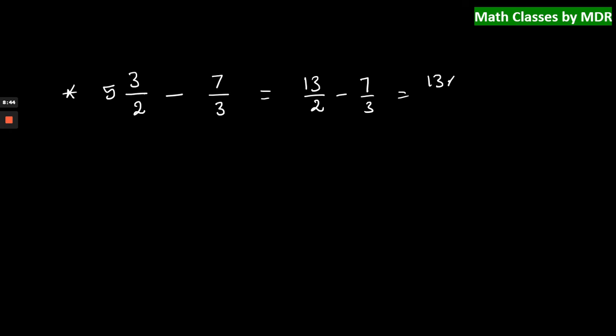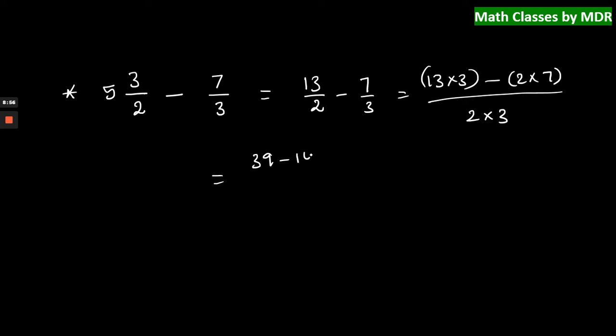So 13 into 3 minus 2 into 7, whole divided by 2 into 3. So 13 into 3 is 39 minus 14 by 6. 39 minus 14 is 25, 25 by 6. It can be written as a mixed fraction, that is 4 1 by 6. I hope it is clear.